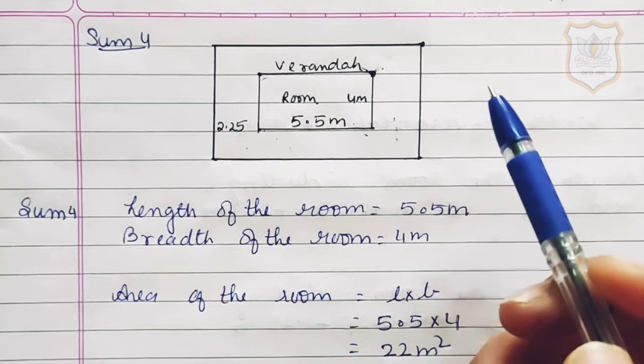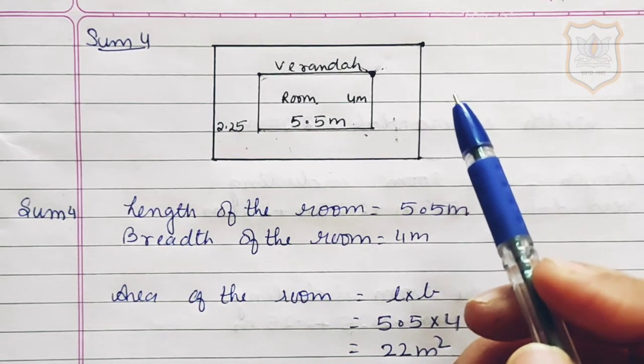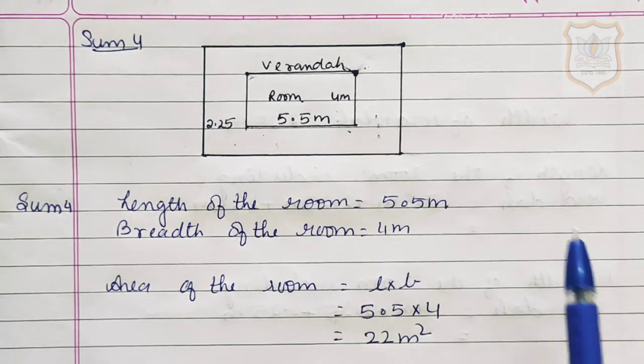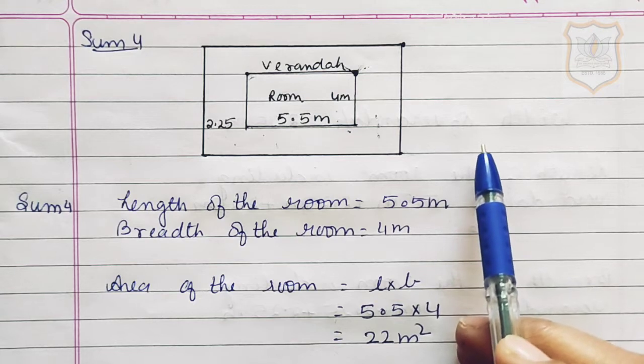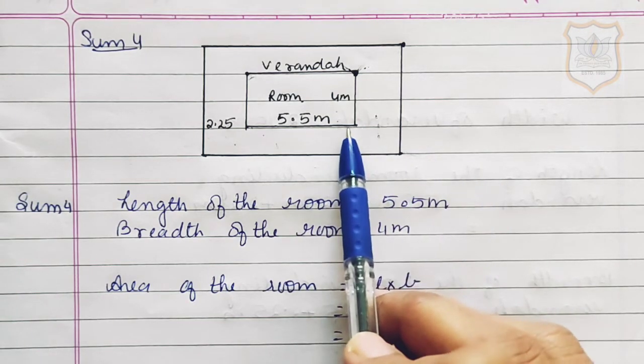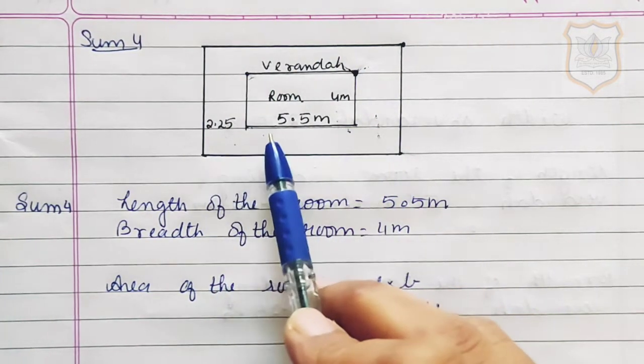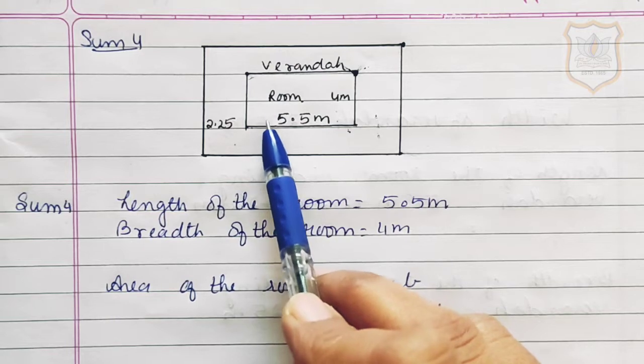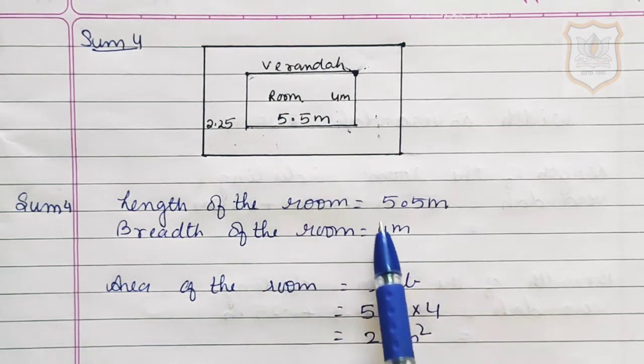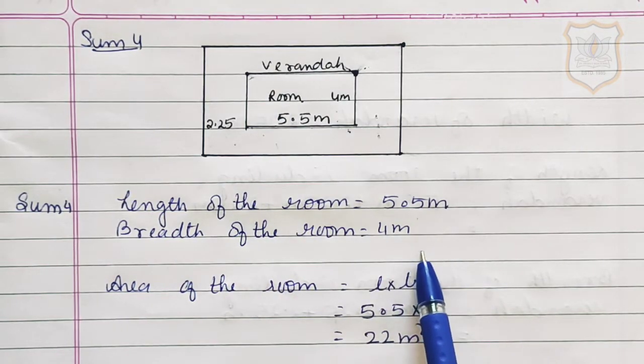So first we will find out the area of the veranda. To find out the area of the veranda, first we will find out the area of the room, and then we will find out the area of the room including this veranda. So here length of the room is 5.5 meter and breadth of the room is 4 meter.